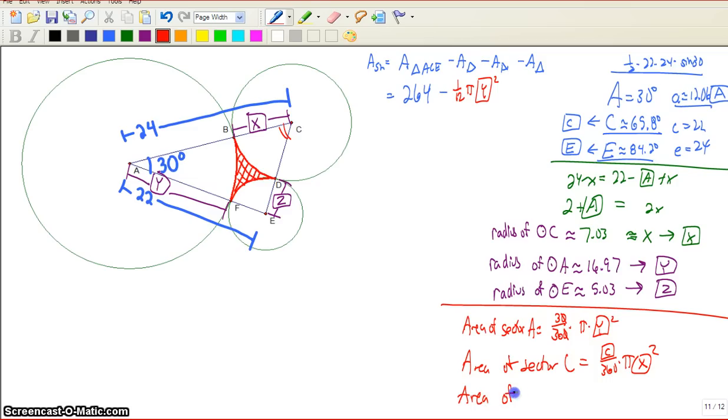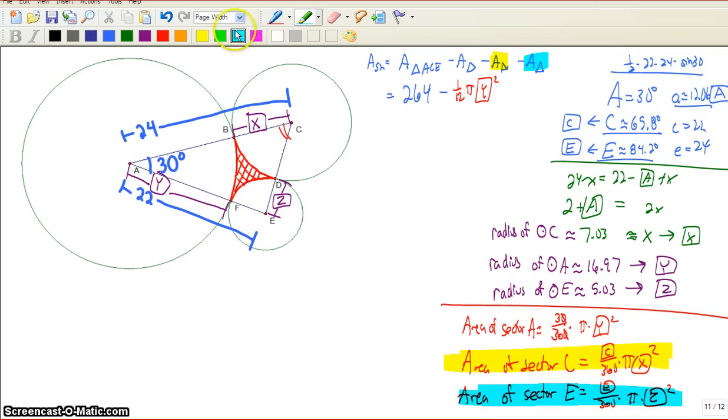The area of sector E has a central angle of E, which we already have stored in the calculator, so it's E over 360 times pi times its radius of z squared. So then this value will go in up there, this value will go in up there, and we already had this value entered in right here.